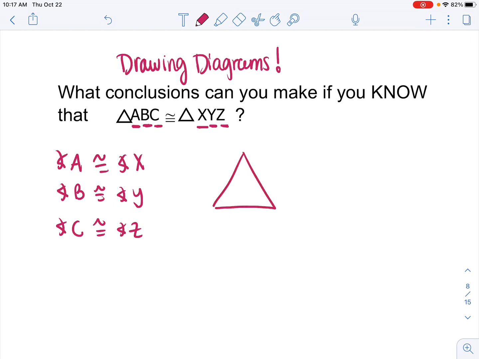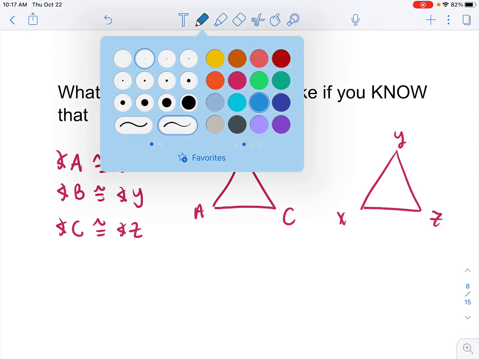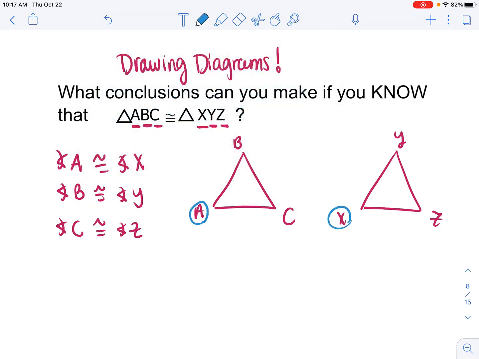So I just draw a regular old plane A, B, C, X, Y, Z. Okay, so I know that my A and X match up, my B and Y match up, and my C and Z match up. Sometimes it helps also to put some shapes around those vertex points so you can see which ones match up. So now I'm going to mark which sides are congruent.